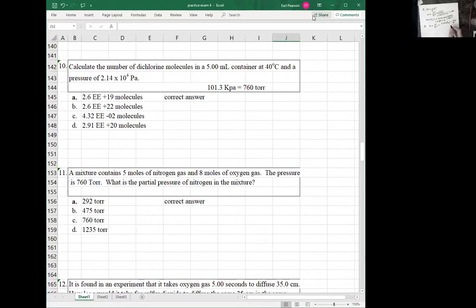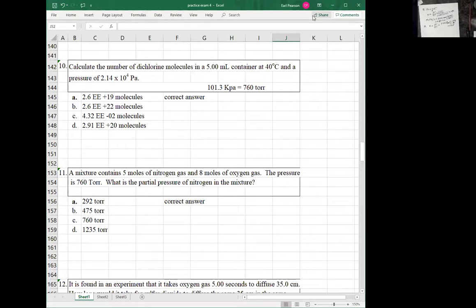Now, I'm given 101.3 kilopascals, so the pressure is 101.3 times 10 to the 3rd, 101.3 kilopascals for 1 atmosphere. So I need to divide this number that I have. I don't have it on my screen yet. I guess I could go ahead and do that.